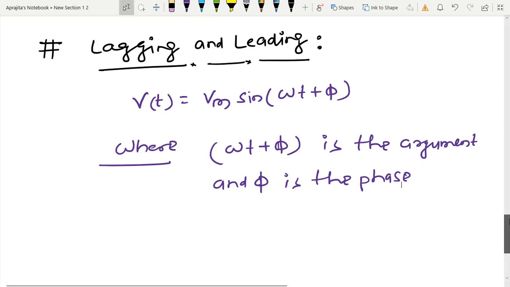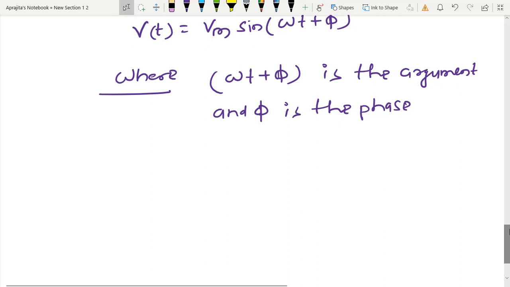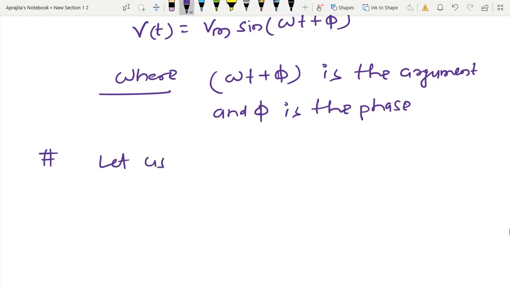In order to compare two sinusoids, I am going to take the following two functions. Let us examine the two sinusoids.